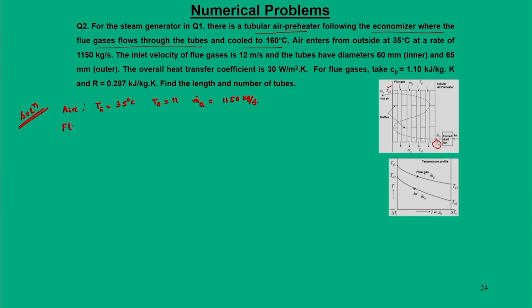For flue gas, from the question 1 data, we have Tg1 460 degree centigrade, Tg2 160 degree centigrade. We also have Cpg 1.1 kilojoule per kg Kelvin and m dot g 1260 kg per second.